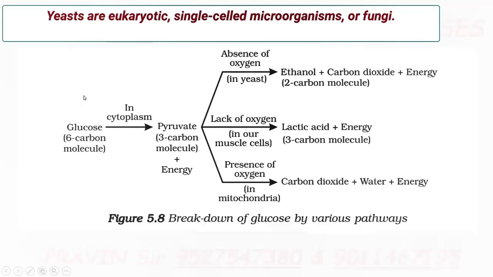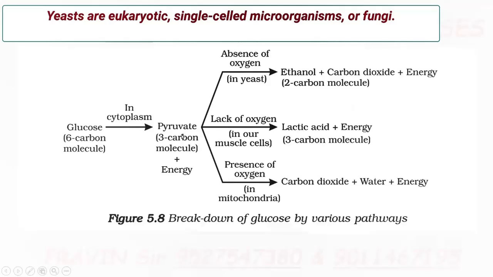Then pyruvate is again broken down to form different products, in the absence of oxygen when there is a lack of oxygen, and when there is presence of oxygen. When there is absence of oxygen, pyruvate is broken down into ethanol plus carbon dioxide plus energy. This reaction takes place in yeast.